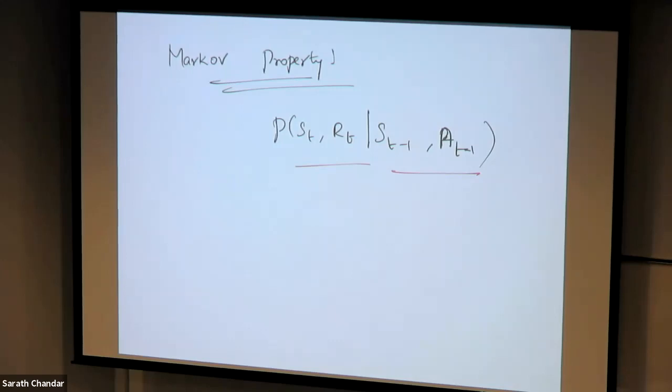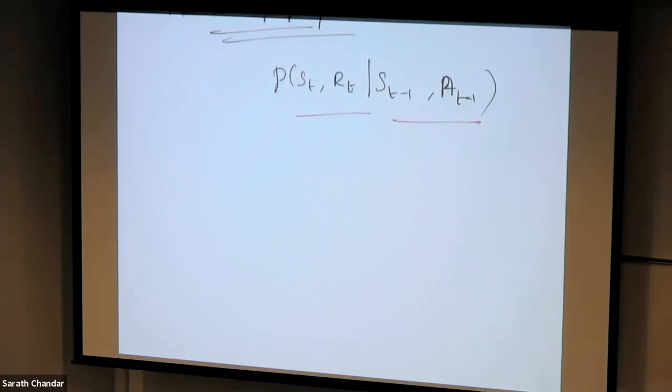Now we also discussed two types of problems. On one side, we had episodic problems, where the interaction with the world ends in a finite amount of time. An example is playing the game of chess.